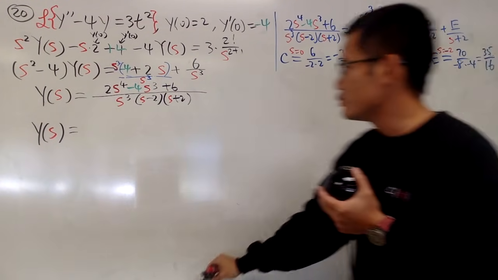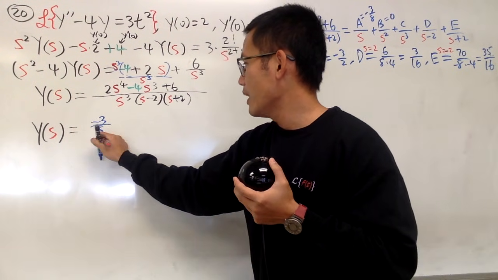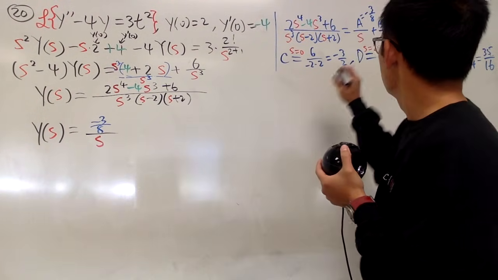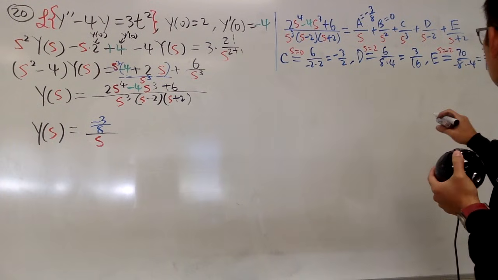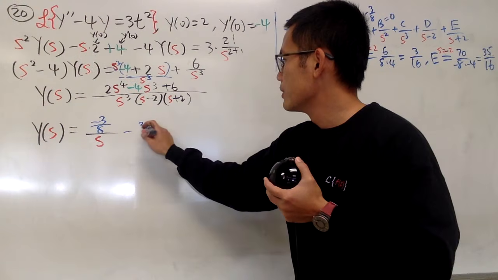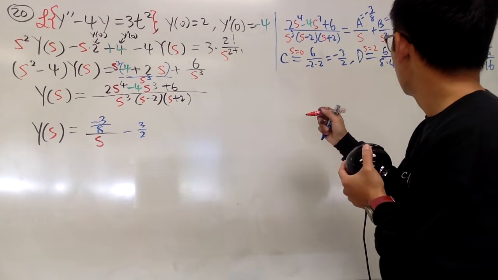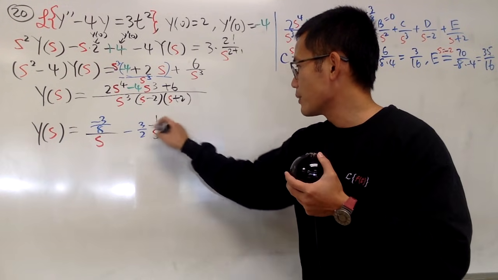Anyway, A is negative 3 over 8, so negative 3 over 8, and then you have the S right here, so over S. And then B is 0, C is this. So C is minus 3 over 2, and then you have the 1 over S to the third power.